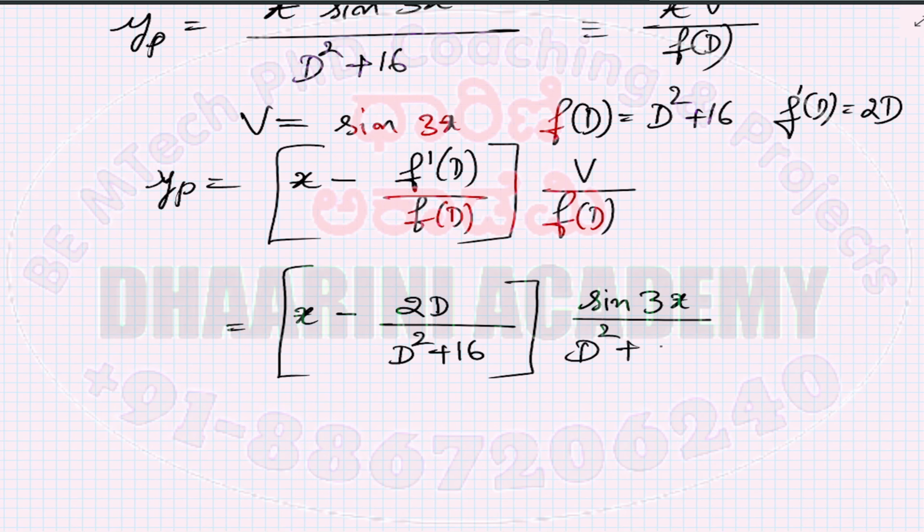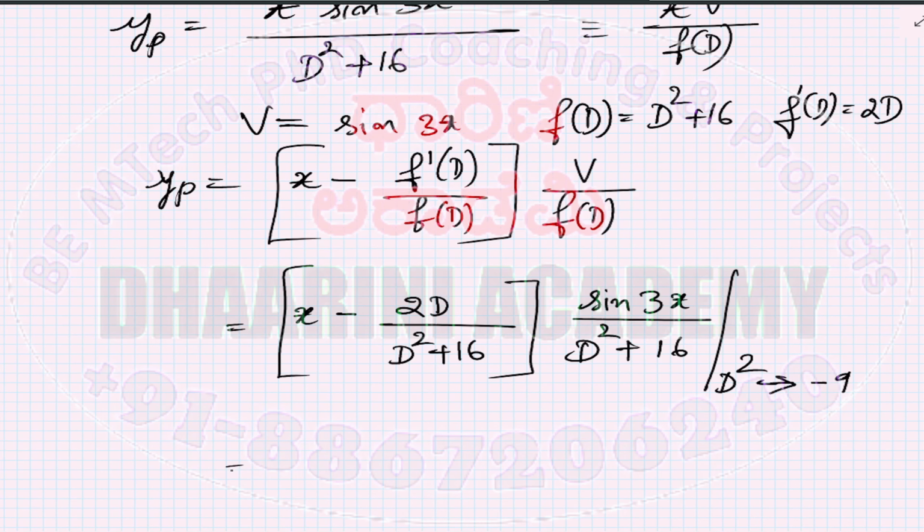d square plus 16. So this is type 2. So replace d square by minus of a square, so minus 3 square. 3 square is 9, so minus 9. All right.